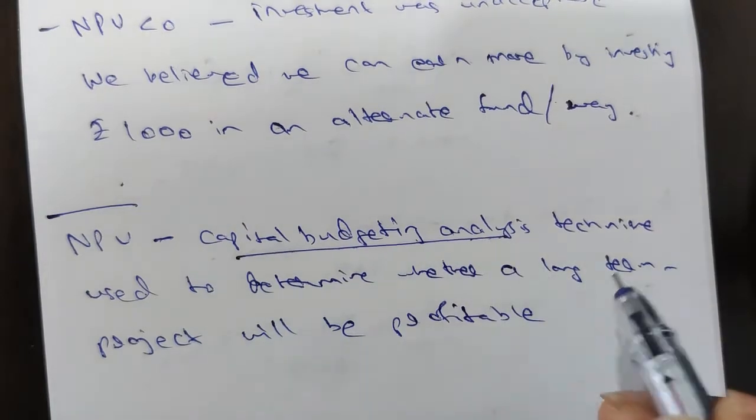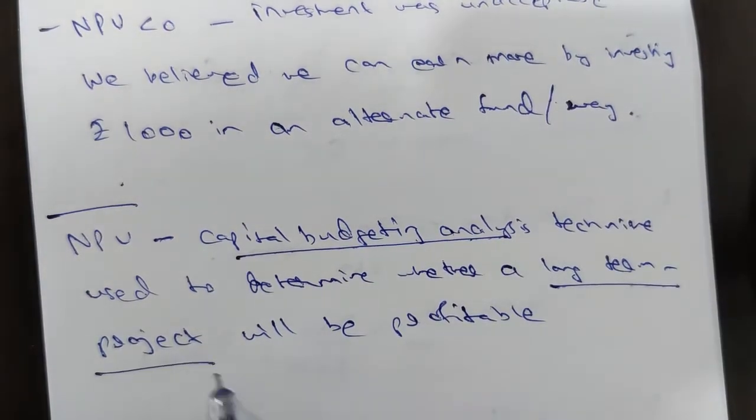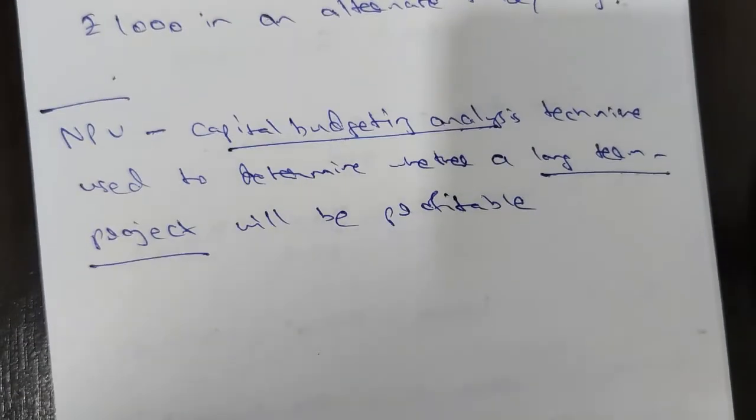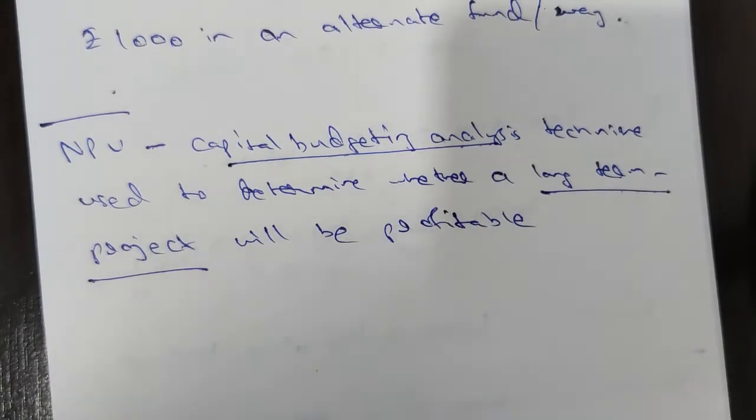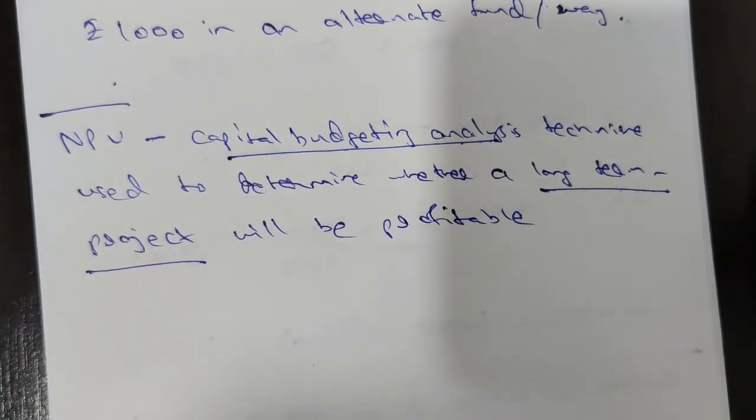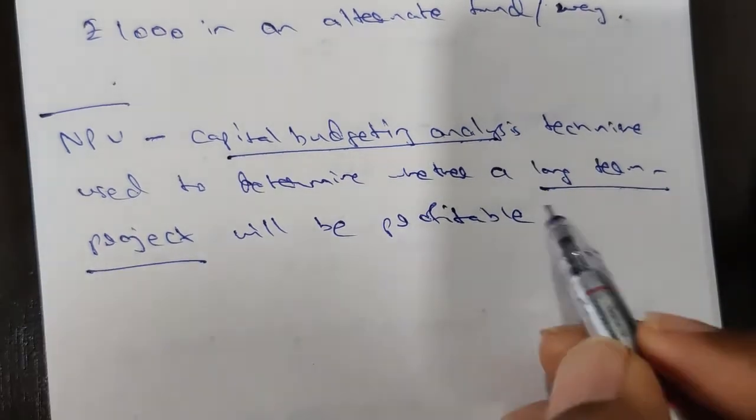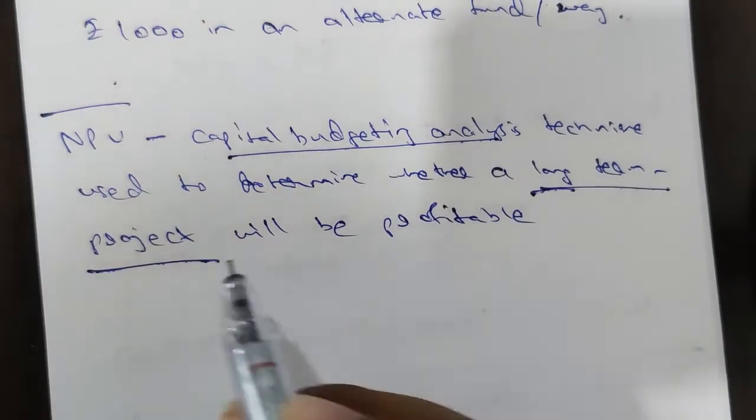Capital budgeting analysis, long-term project. Because for less than 1 year, unless it's compounding daily or so, we would not be interested so much. For 1 year, it would not make much of a difference. So that's why it's a long-term project.